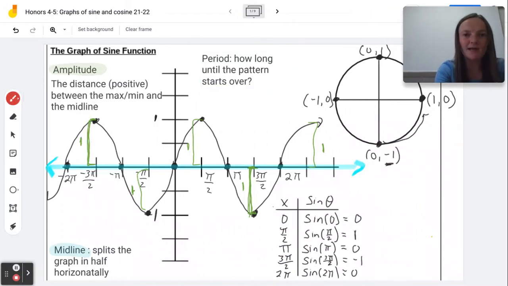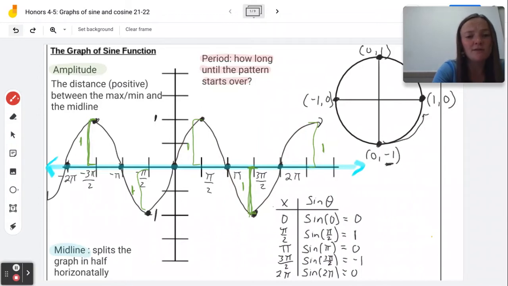Okay, so looking back at this, we want to figure out how long until the pattern starts over. Well, here's what I want to see. I start down at 0, and then I go up, up, up, come back down, down, down, continue to go down to a minimum, come back up to the midline, and we can see that right about here is where we stop.